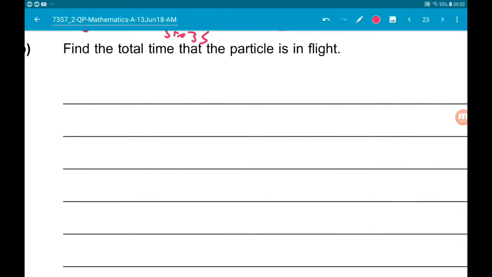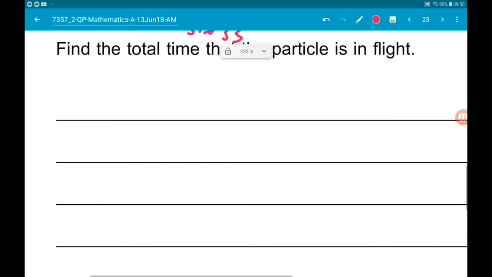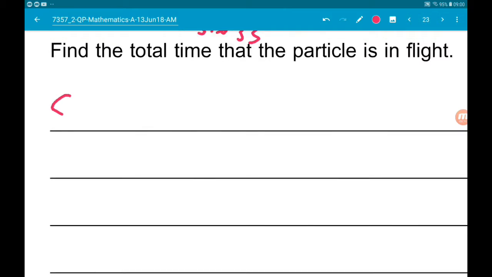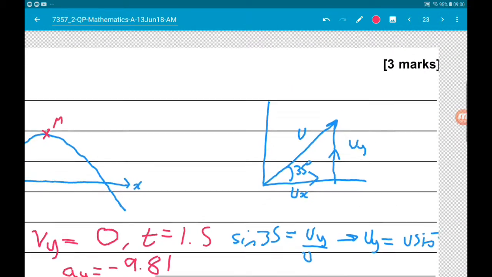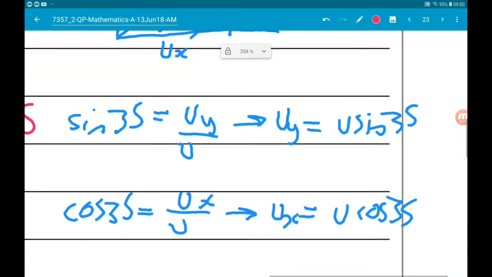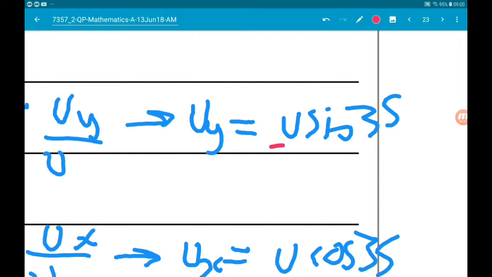B wants us to find the total time that the particle is in flight. So, what do we now know? We know that at the end of its journey, s is minus 10. We now know the actual initial speed, u, so that's 25.7.